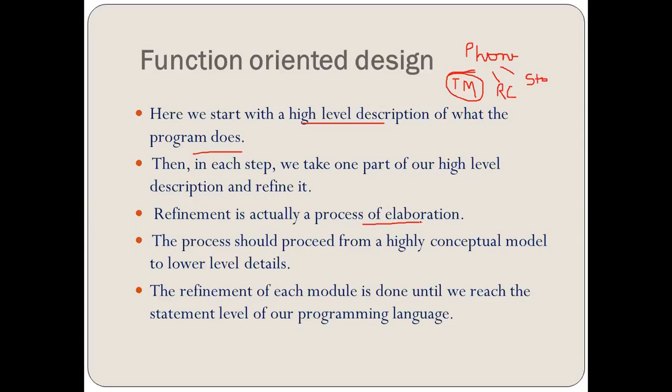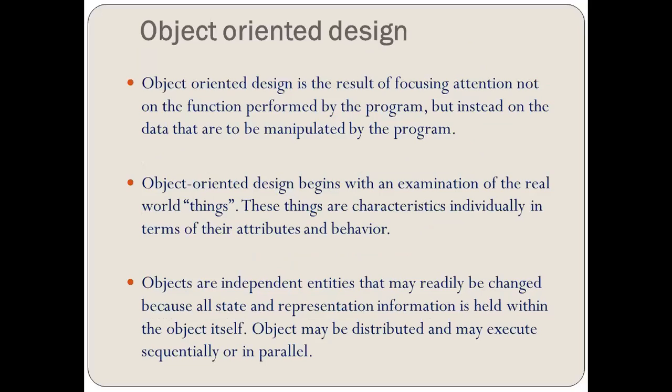We do this till we get a specific module which we can code easily or test easily. The process should proceed from a highly conceptual model to lower level details. The refinement of each module is done until we reach the statements of our programming language. So this is the function-oriented design.